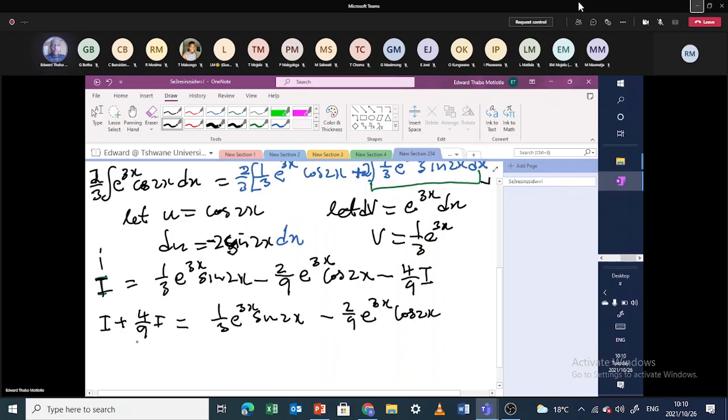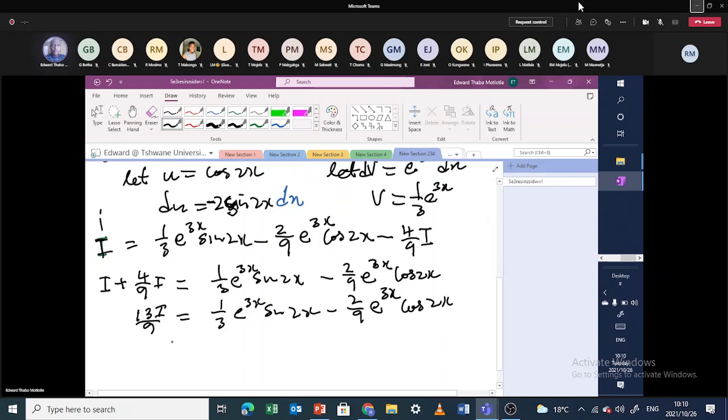Now working this out, I have 13I over 9 is equal to 1 over 3 e to the power 3x sine 2x minus 2 over 9 e to the power 3x cos 2x.